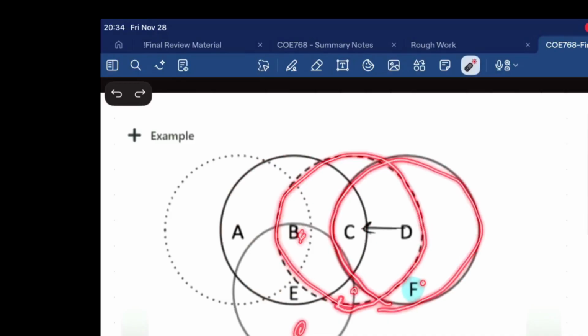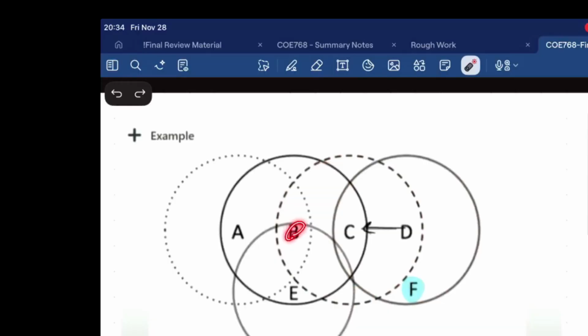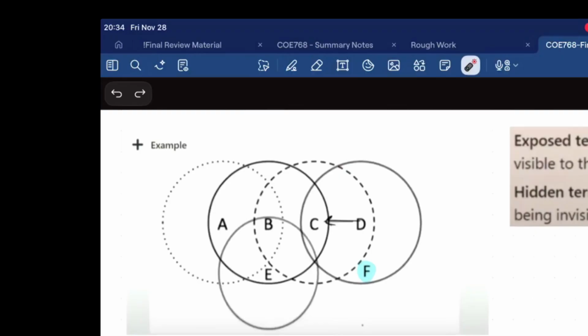Only these two, B and E, could transmit and interfere, or come in the way of the packet being received by C. That could cause a collision or packet drop, or because of lots of traffic on that frequency, it could also result in delays. So the question is asking, identify the hidden and exposed terminals if D transmits to C, and then if C transmits to D. These are two separate questions.